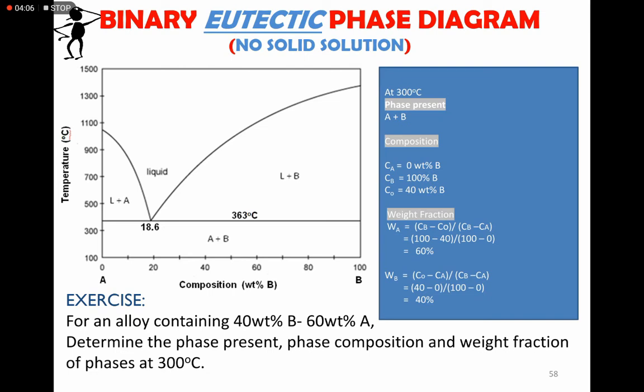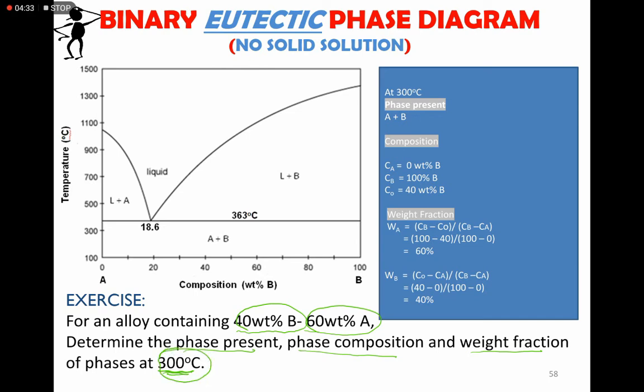Now, exercise 2. For an alloy containing 40 weight percent B, 60 weight percent A, determine the phases present, phase composition, and weight fraction of phases at 300 degrees Celsius. This question is very easy because the temperature is 300 degrees Celsius.